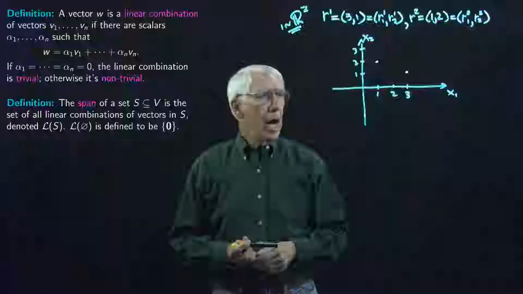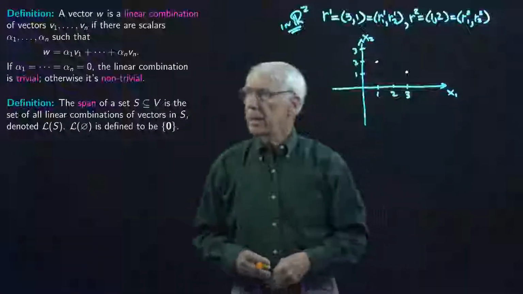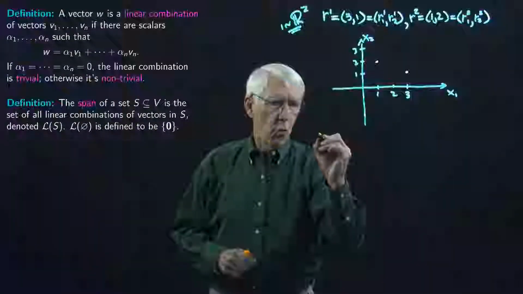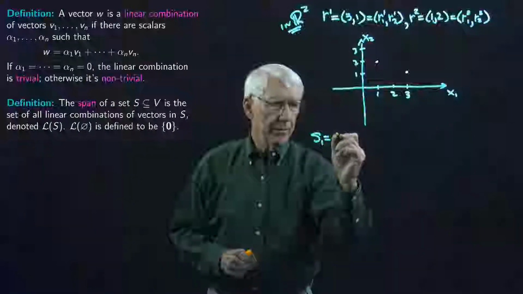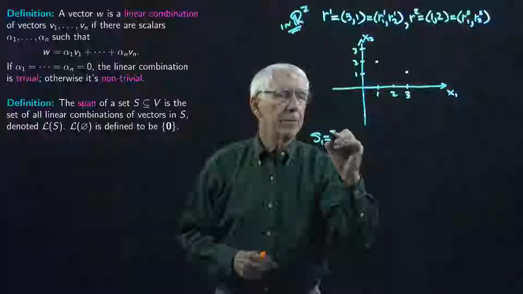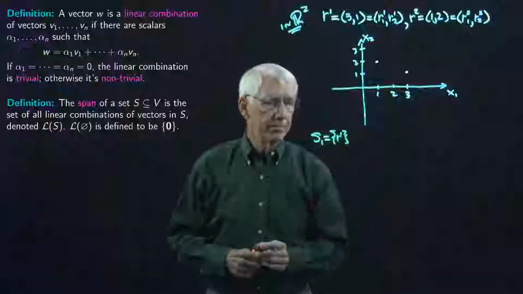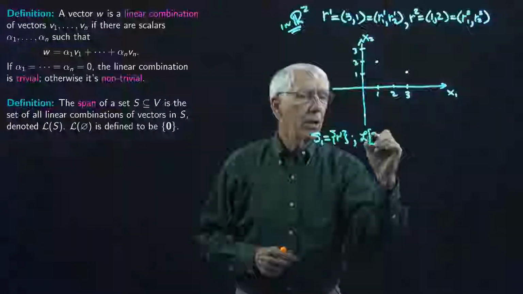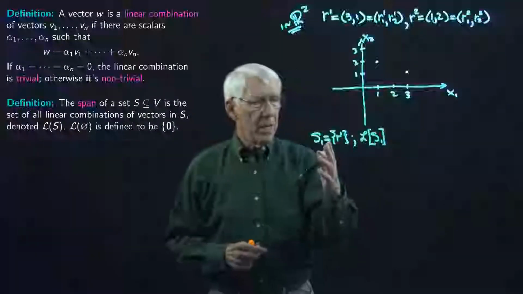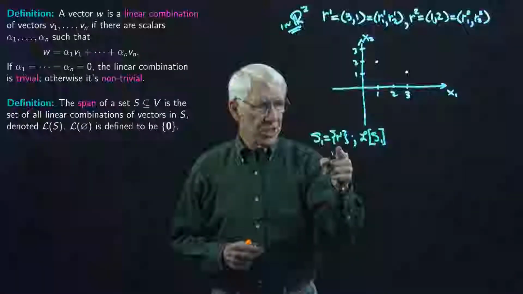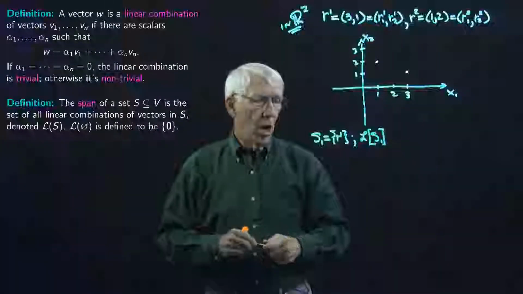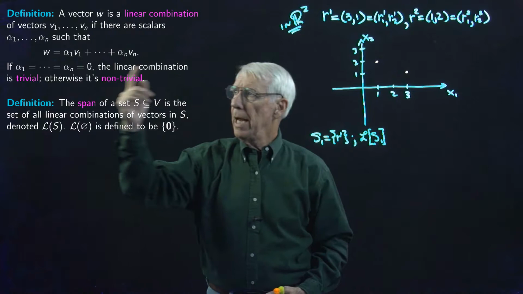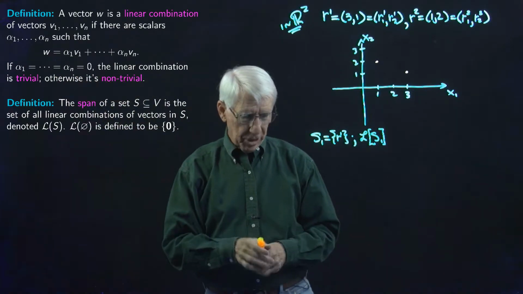And so now I am going to construct some very simple sets S. Let S1 be the set consisting of just R1. Now let's see what is the set L of S1. That is the set of all linear combinations of a single vector. Well, of course, it's just all the scalar multiples. I just have V1, in this case R1, and I look at all of the alphas that I could use to multiply by that.